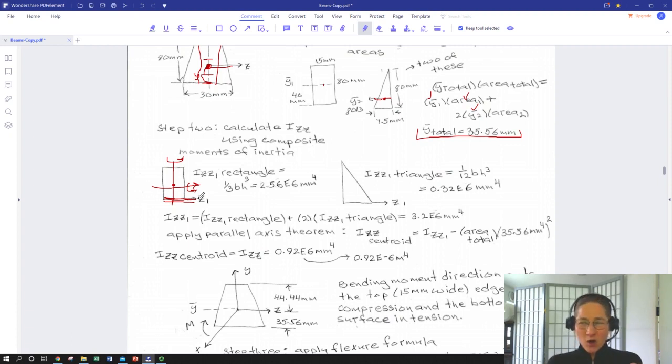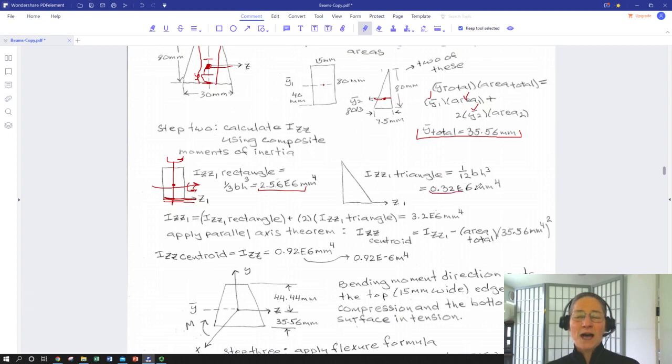So we're going to add up across the common centroid, get a single moment of inertia, and then we're going to kind of use the reverse parallel axis formula to shift that up to the composite centroid. So we're going to pick the centroid of a rectangle along its base, which is 1/3 of the base times the height cubed. If this had been through the centroid, that'd be 1/12, so this is a lot bigger. And then for a triangle, it's 1/12 base times height cubed, so we can get a value for each of these.